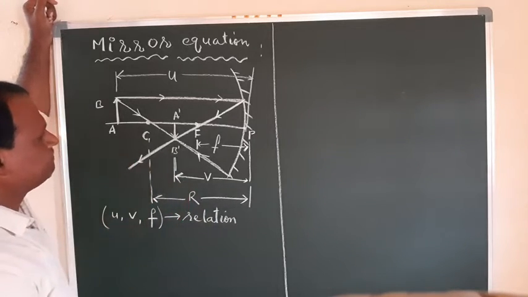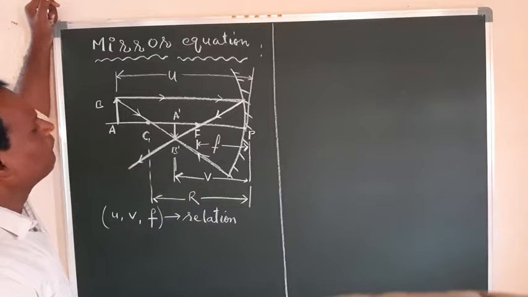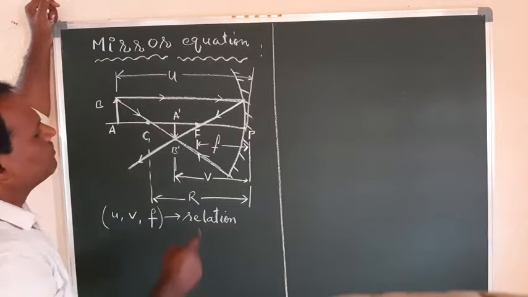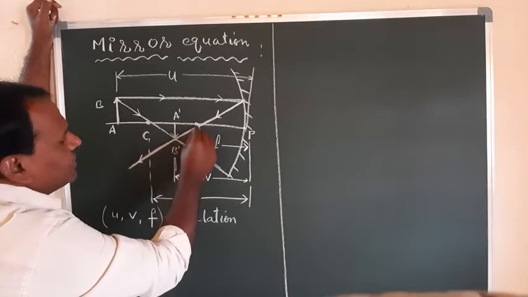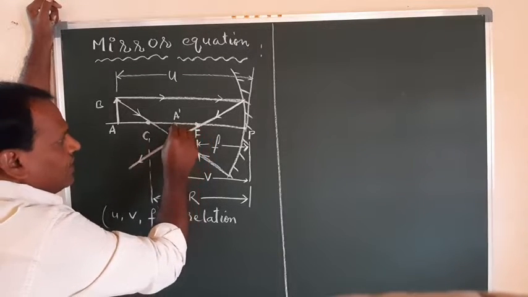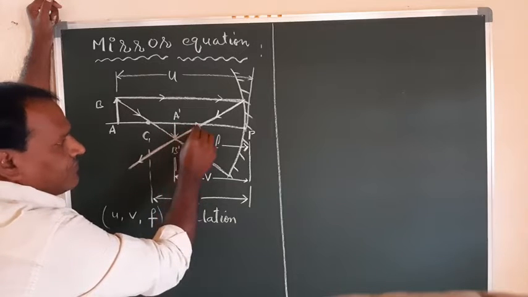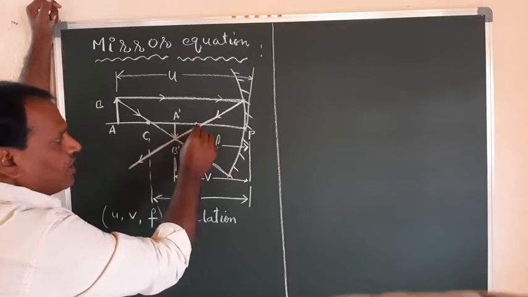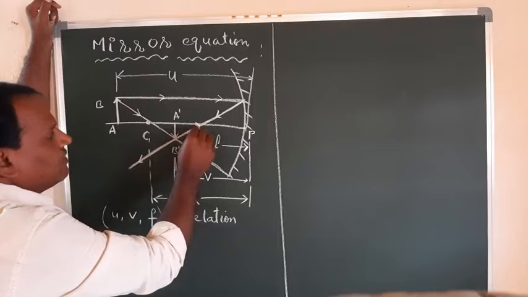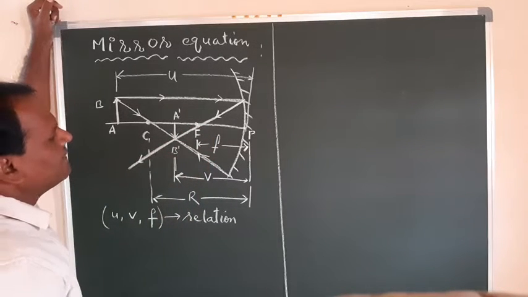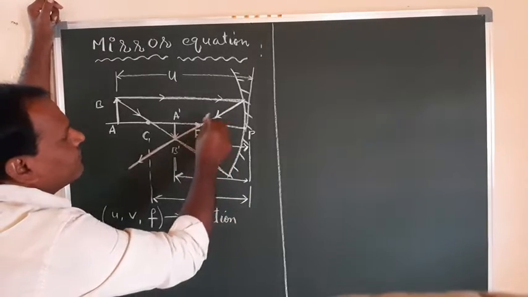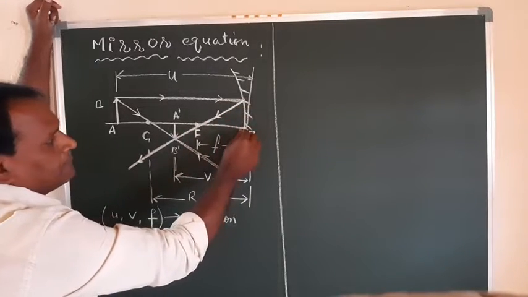see here, A dash B dash F. A dash B dash and F. And you can also consider one more triangle, that is F, this point and here.